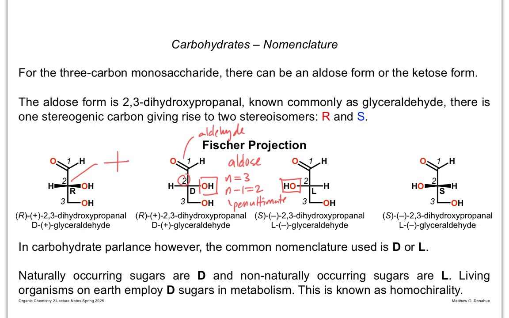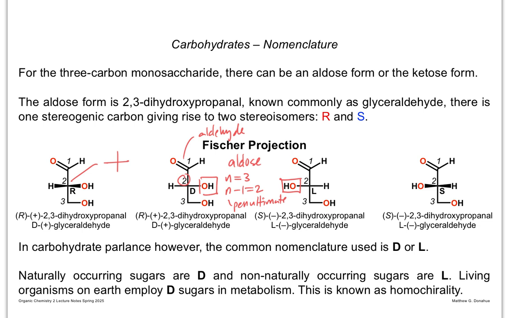So you can see by the names here, like the IUPAC name, this D sugar, the stereo center is R. The optical rotation is plus. It's called 2,3-dihydroxypropanal. Or alternatively, we can use that nomenclature, D and then the plus, or this is also called glyceraldehyde.